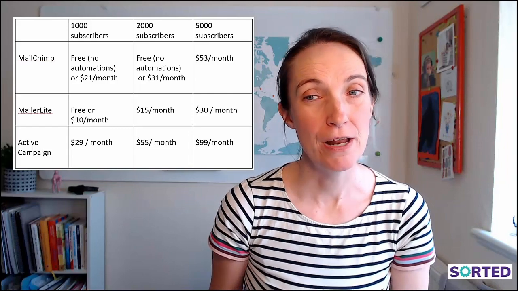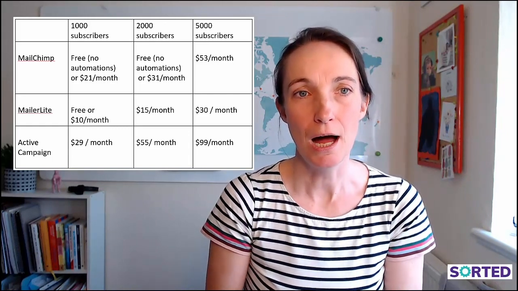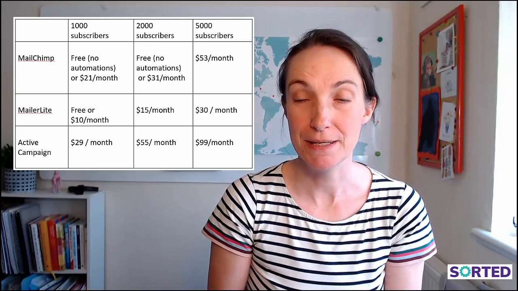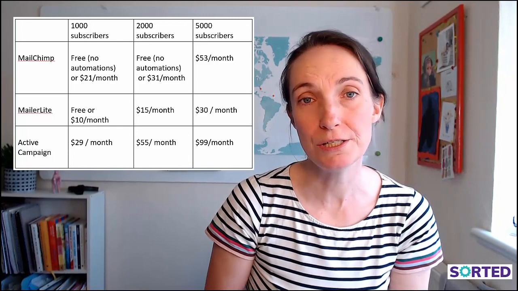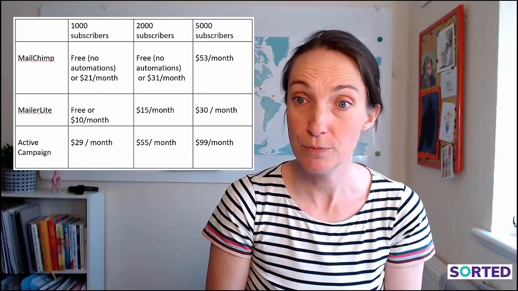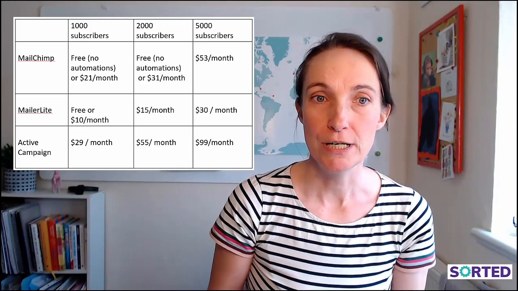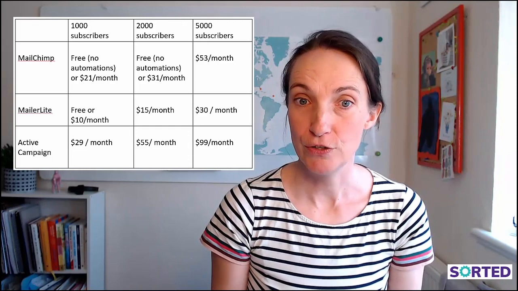Now, hopefully you've seen that ActiveCampaign is a really powerful tool. So I'm not saying that they are too expensive by any means. However, you do need to be sure that you're going to be using those features in order that it is worth you paying for them. So it's really about what's working, what you feel is good value for you. But if we just take it on face value, I am going to say that MailChimp is a 2 out of 3 for cost effectiveness.